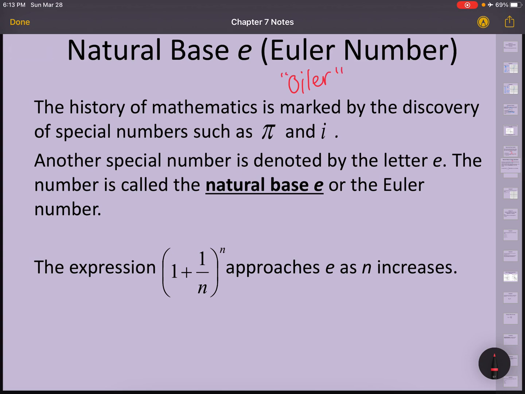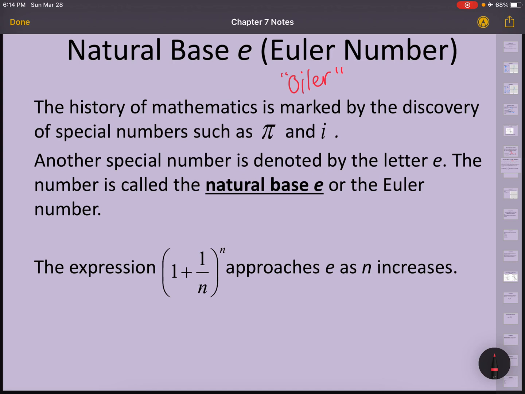Okay, and the history of mathematics is marked by the discovery of special numbers, and we've already talked about i and pi. Another special number is denoted by the letter e, and this number is called the natural base e, or the Euler number. The expression 1 plus 1 over n, all raised to the nth power, approaches e as n increases.